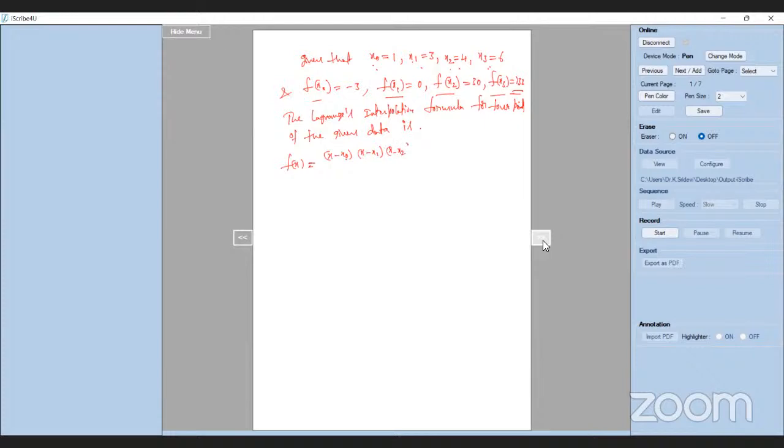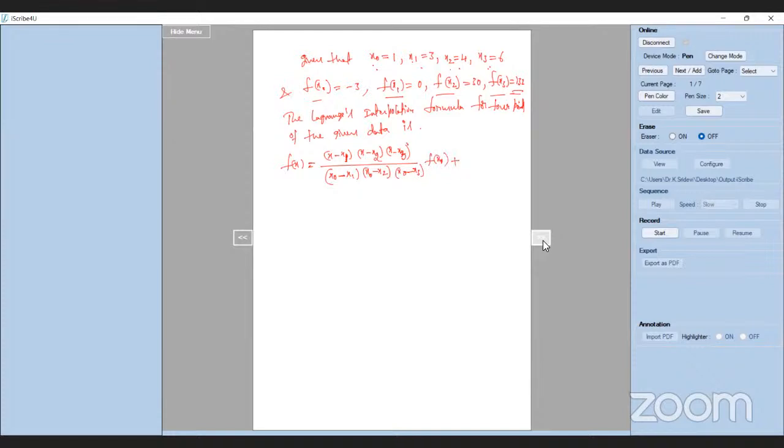So x naught will come or not in the first term? No, madam. x1, x2, x3 divided by x naught. x naught will come in the denominator. x naught minus x1, x naught minus x2, x naught minus x3. This is related to first term, f of x naught.